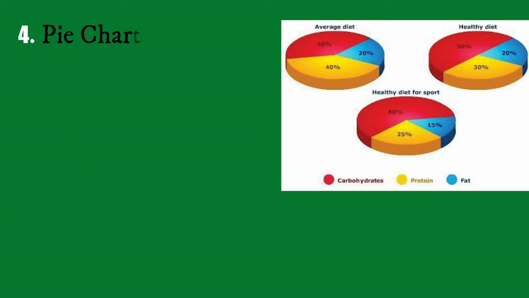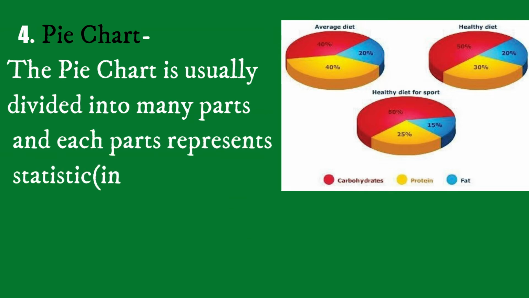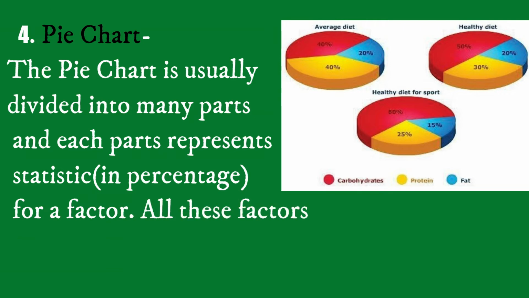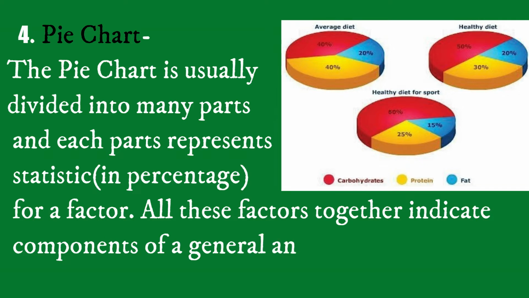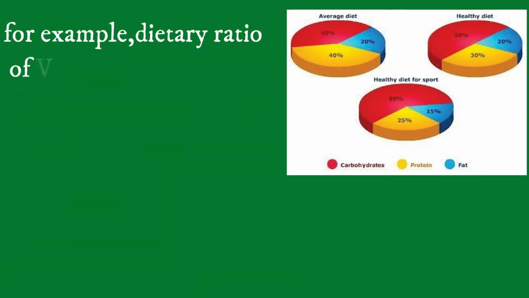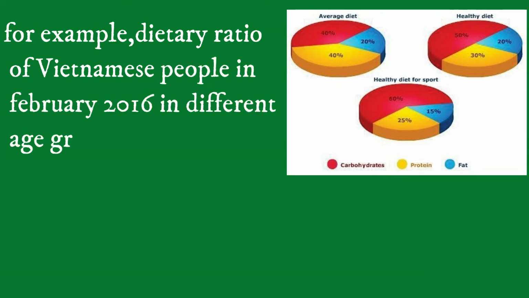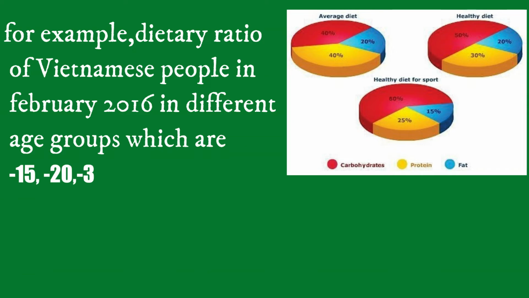The next type is the pie chart. A pie chart is usually divided into many parts, and each part represents statistics in percentage for a factor. All these factors together indicate components of a general and bigger object. Example, the dietary ratio of Vietnamese people in February 2016 in different age groups, which are under 15, under 20, under 30.